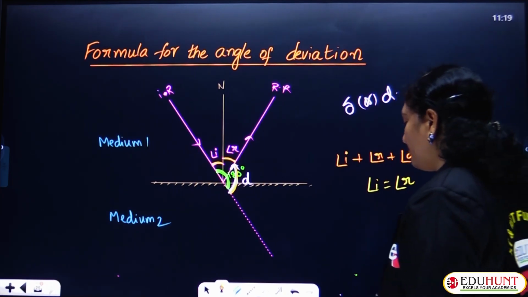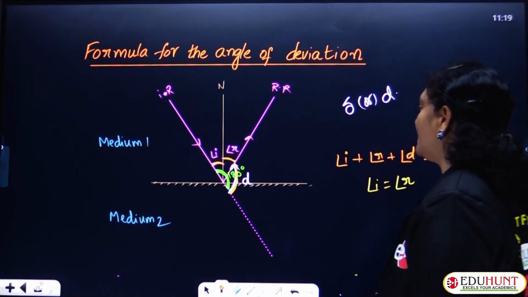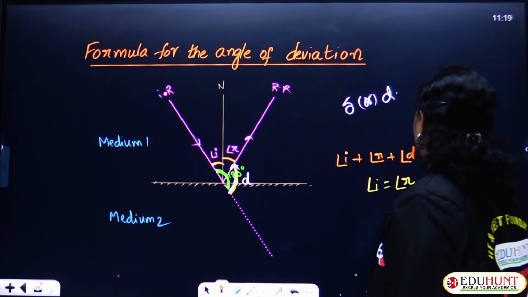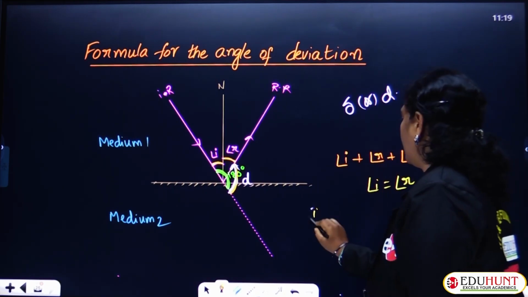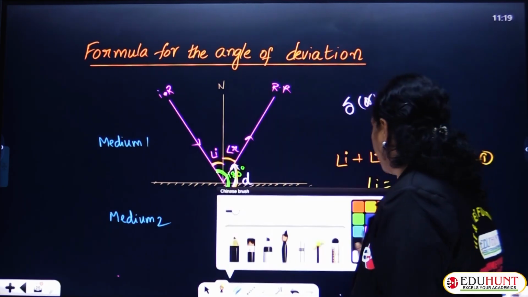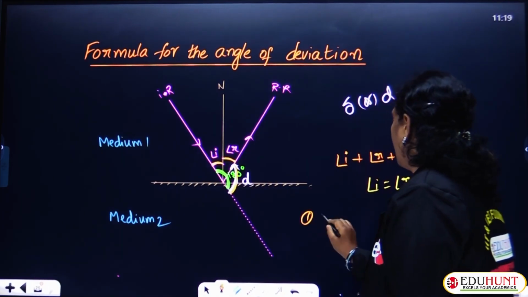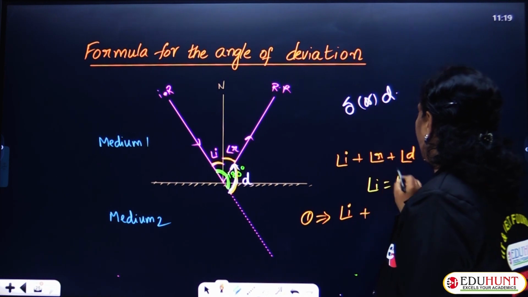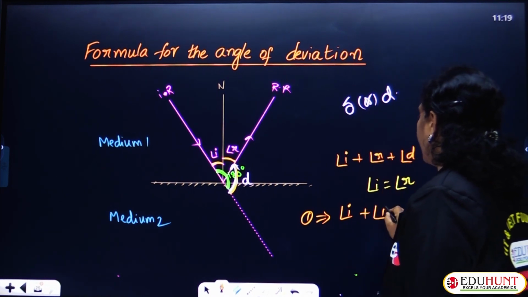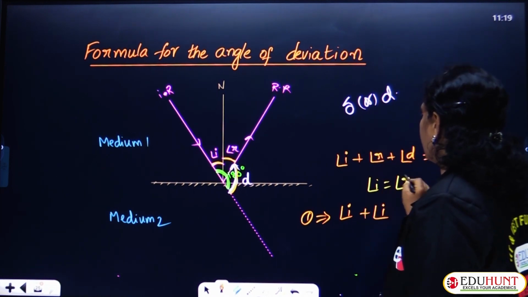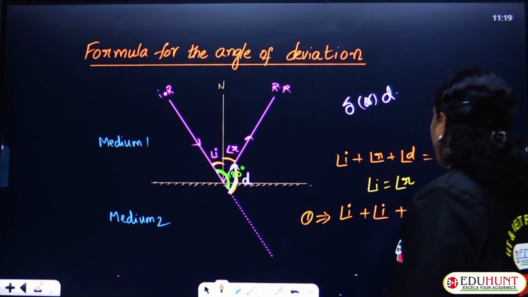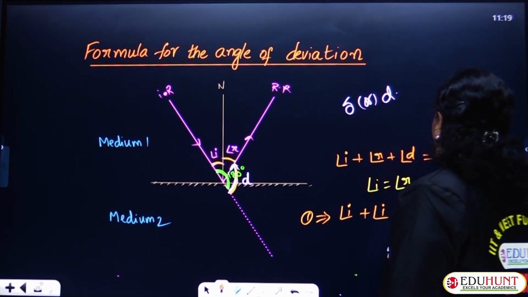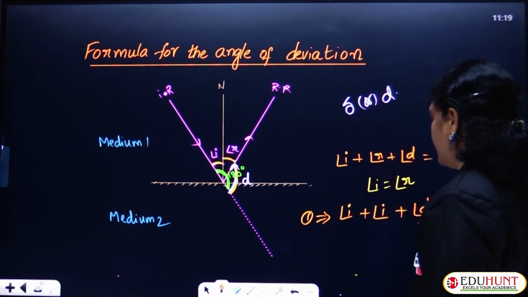So, wherever we find the value of R, it can be replaced with I. So, the equation 1 can be rewritten as angle I plus, instead of angle R, I can take angle I. Once again, R is replaced with I, plus angle D must be equal to 180 degrees.